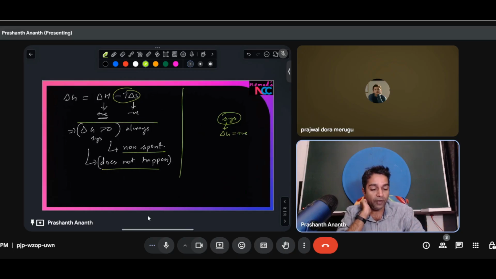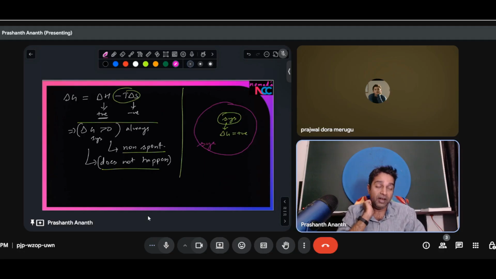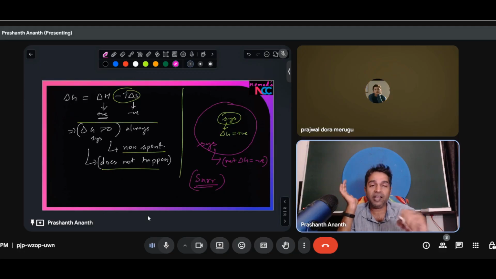But if I can now make up a nice bigger system around it, and if for this bigger system the net delta G is negative, then this net negative delta G is what the universe or surroundings looks for. So from the surroundings' point of view, it is not interested in the tiny delta G which is positive inside. So we can perform a delta G positive reaction.